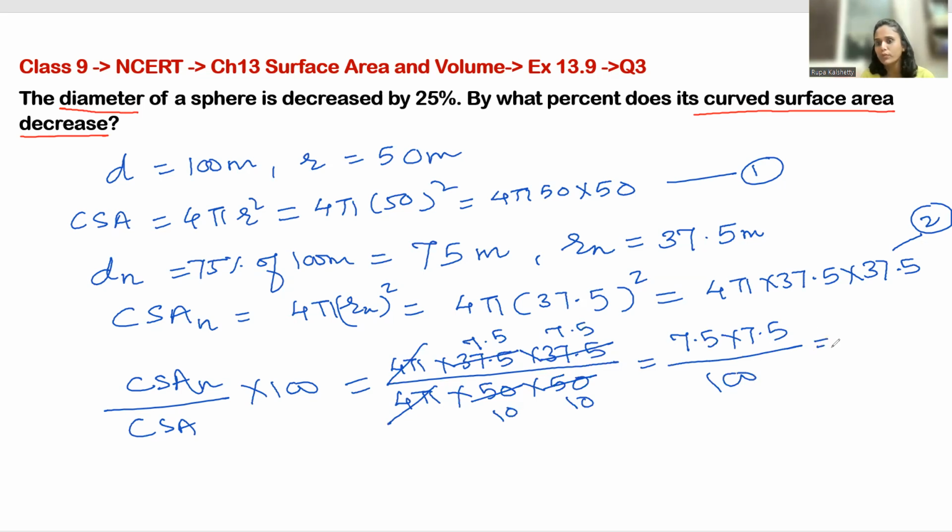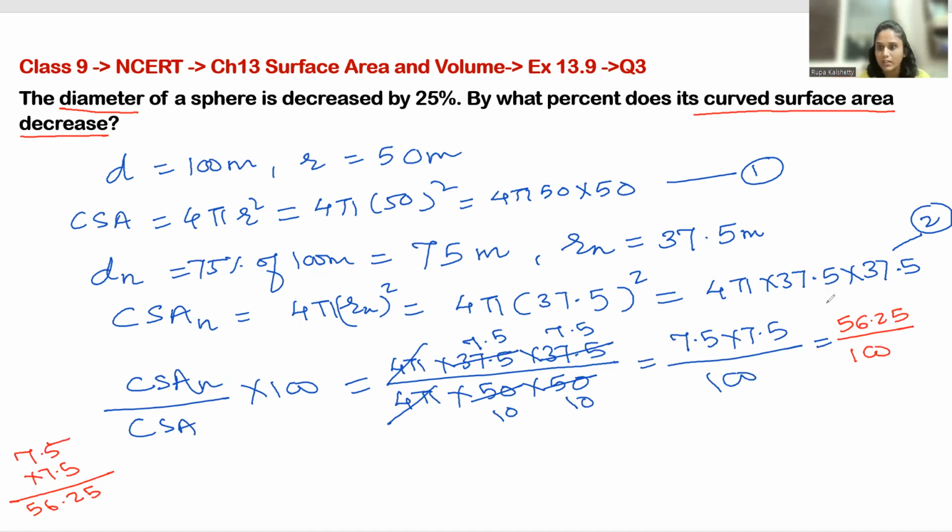Now, if you do the multiplication of 7.5 times 7.5, I have done it by myself, and you can do it by yourself. This is going to give us 56.25. So we write here 56.25 over 100.